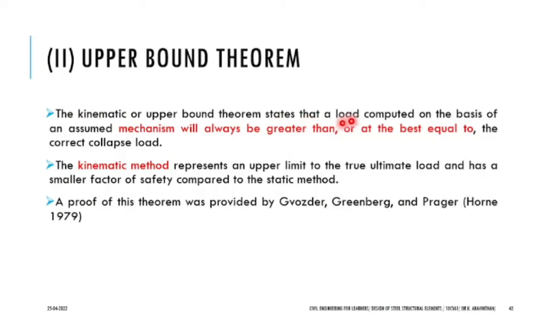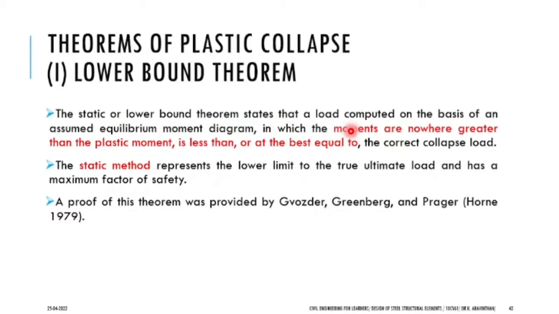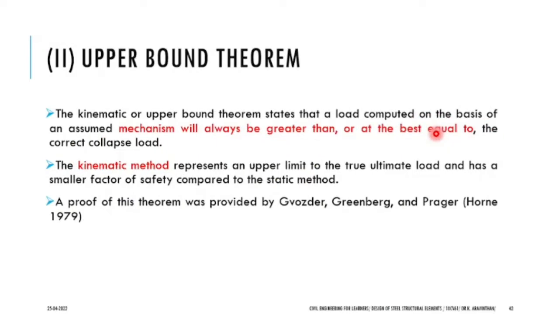It always states that the load computed on the basis of an assumed mechanism is always greater than or at best equal to the correct collapse load. In the previous slide, what was the statement? The moments are nowhere greater than the plastic moment. The word nowhere is written there and is not here.